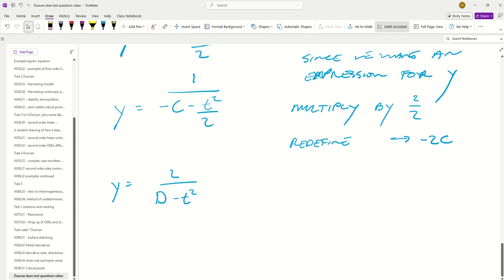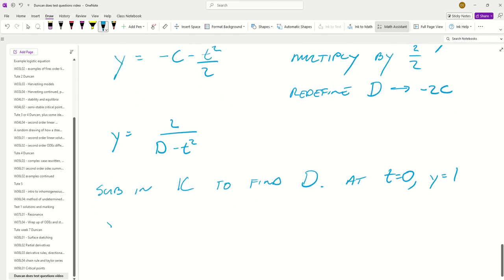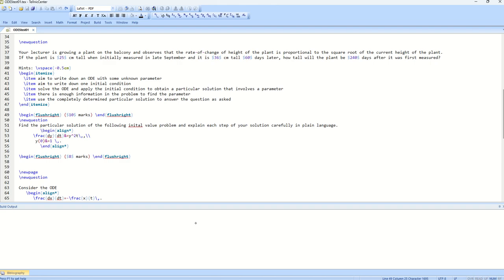Right, now I have to sub in my initial condition. At t equals 0, y equals 1. So that's 1 equals 2 on D. Oops.